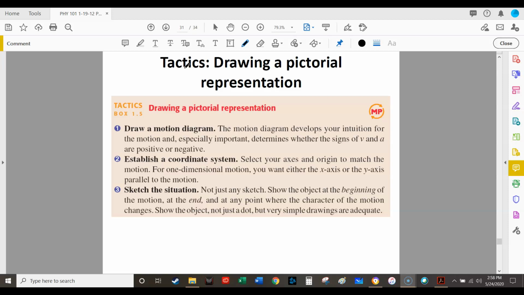So what you want to do when you go to draw a motion diagram is establish the coordinate system as the x-axis or the y-axis. Typically, we're going to have left-right as the x-axis, and up-down as the y-axis. And then I want you to actually label your x-axis. So I'm going to draw the x-axis. In this case, this is going to be positive x, this is going to be negative x. I'm going to establish a coordinate system, and just for right now, I'm arbitrarily setting the center of this as 0 meters, right?